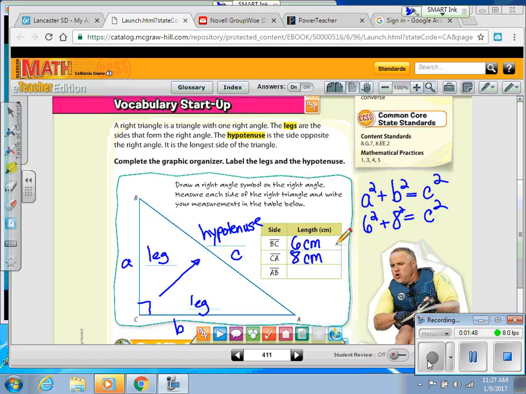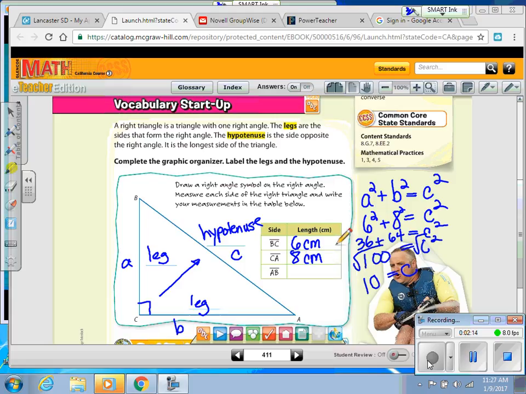Okay? So 36 plus 64 equals C squared. 100 equals C squared. Now, if I take the square root of that, I'll get that C is equal to 10. Actually, when you take the square root of a number, it could be positive or negative, right?